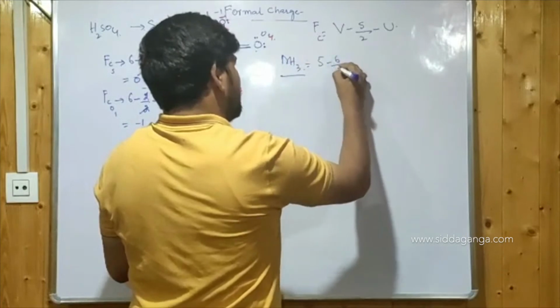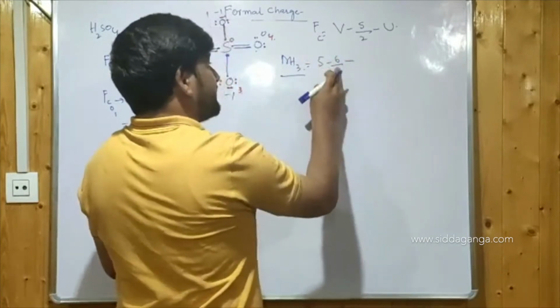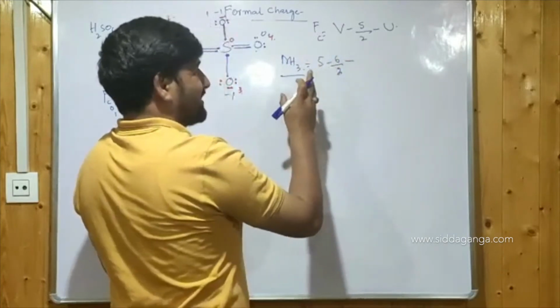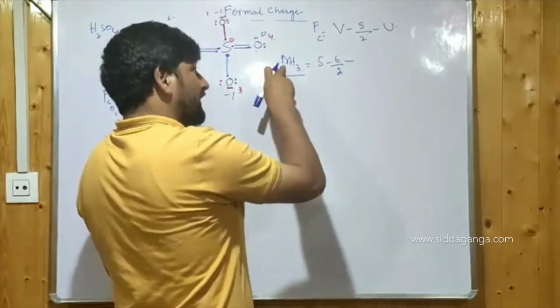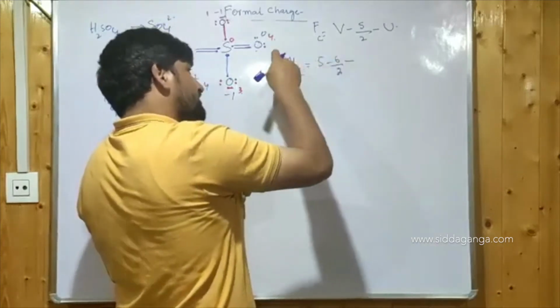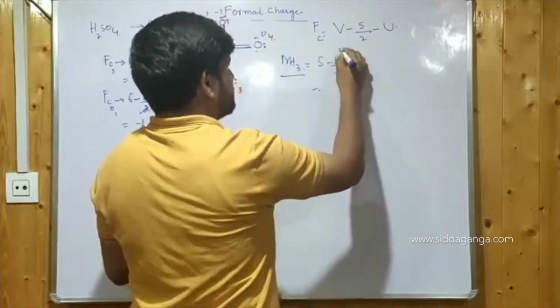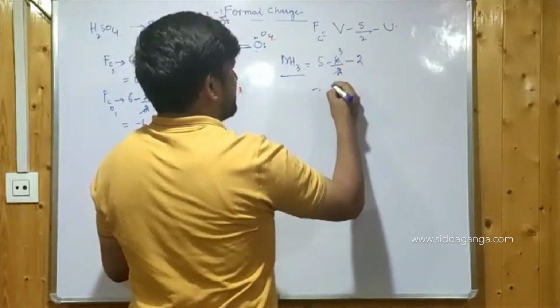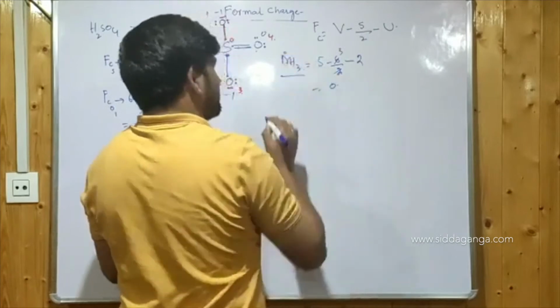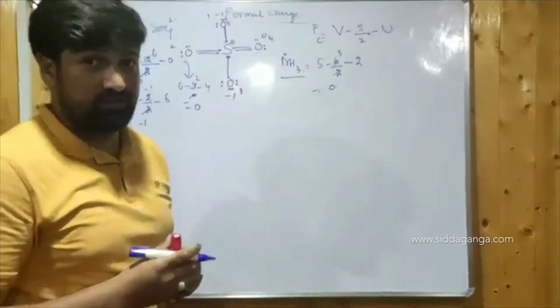So 6 by 2. Correct or not? Now, total 5, out of which 3 are shared by nitrogen. How many are unshared? Naturally 2. So that makes it 2 plus 3, 5. 5 minus 5 will be 0. So nitrogen does not have any charge here in ammonia, NH3.